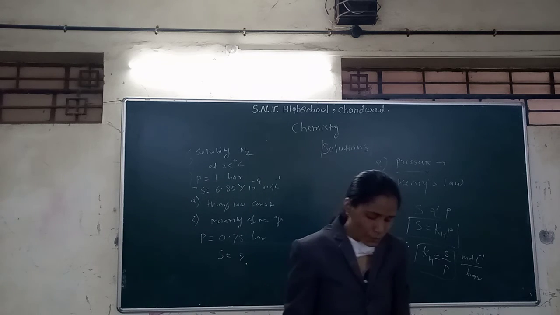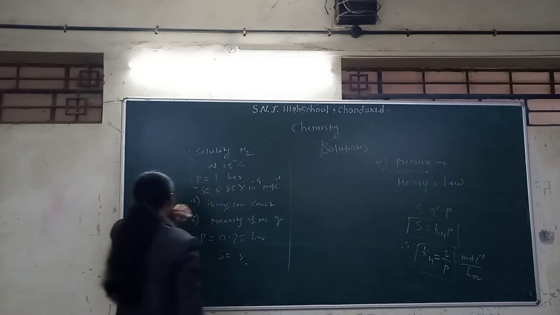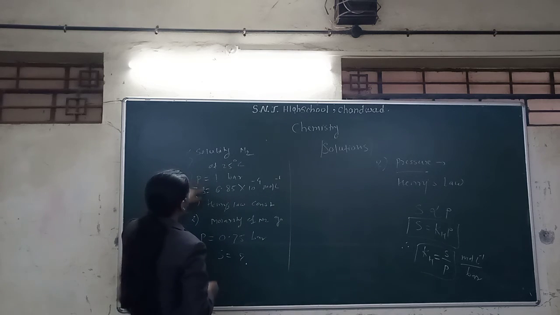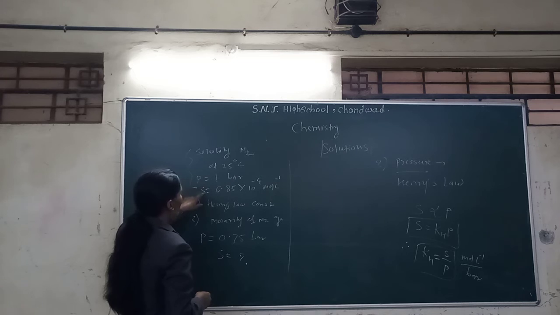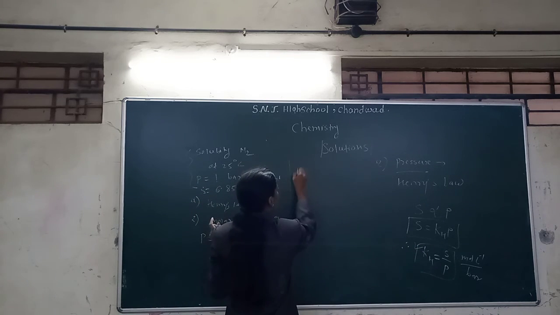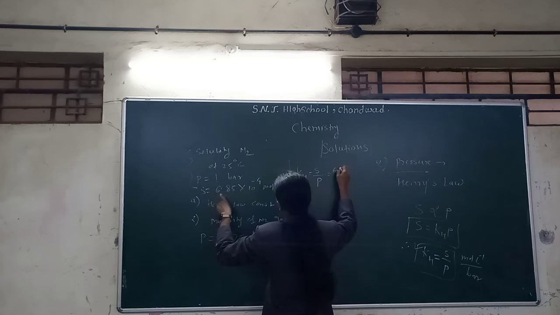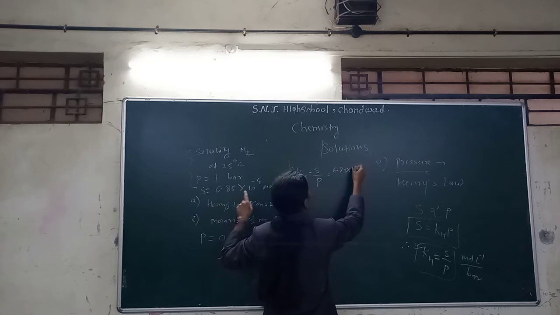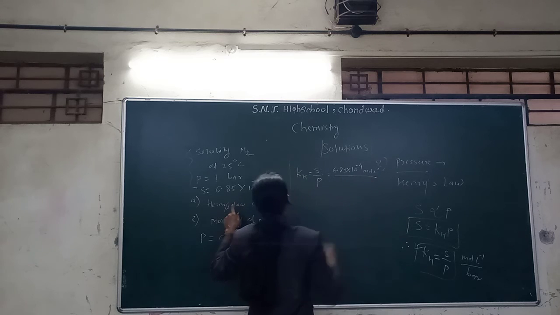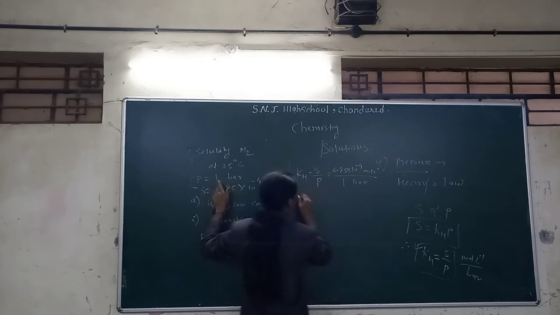For this, first we calculate KH, which is equal to S upon P. S is given, that is 6.85 into 10 raised to minus 4 mole per liter, upon P. Pressure is 1 bar.